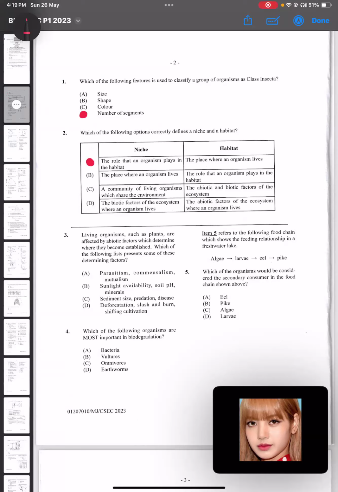For number four, it asks which organisms are most important in biology for the breaking down of... I'm not sure, I'm breaking up.